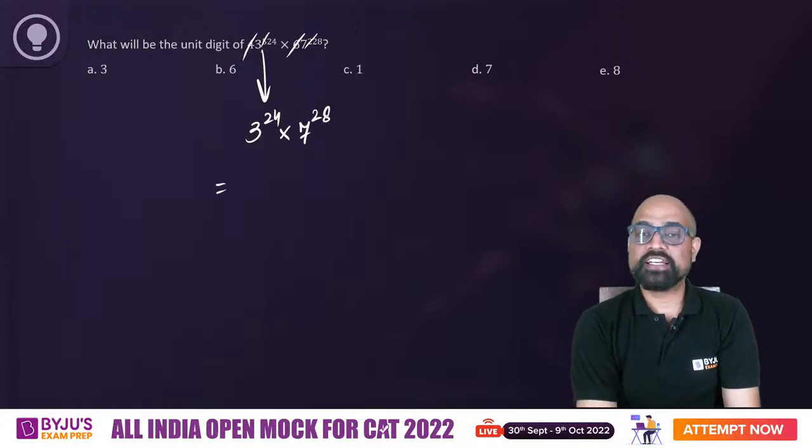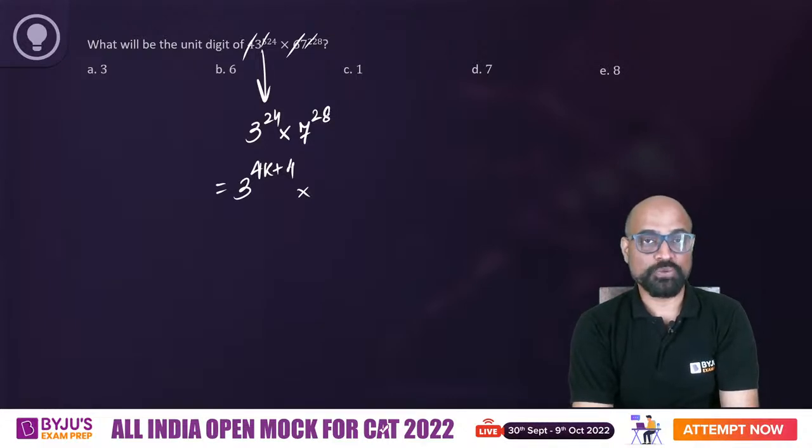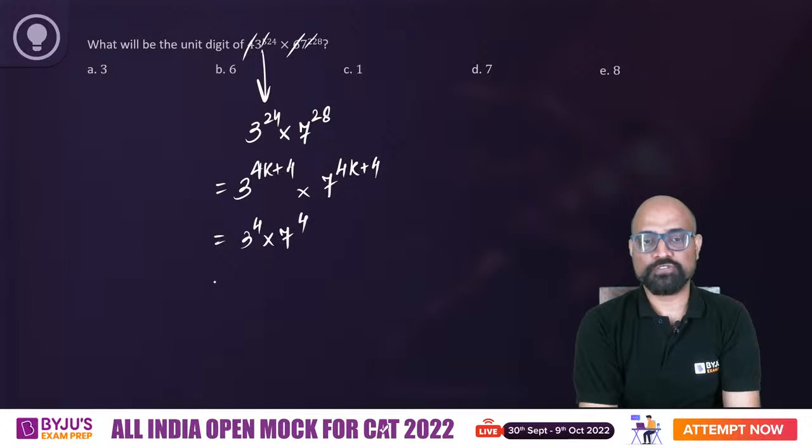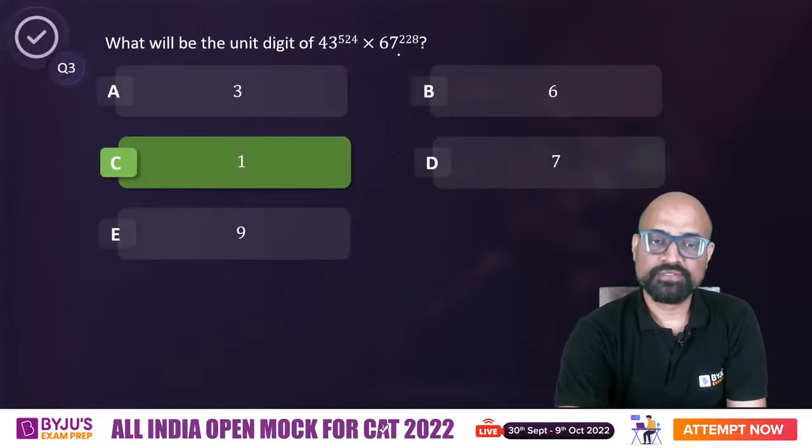Now, if you divide the power with 4, it can be written in the form of 4k plus 4. And if you divide the power of 7, jo power hai, 28, by 4, you will also get this in the table of 4. So you will have 3 to the power 4 into 7 to the power 4. 3 to the power 4 ends in 1. 7 to the power 4 ends in 1. So your answer is going to be 1. Right?